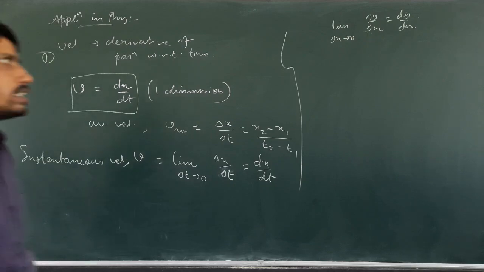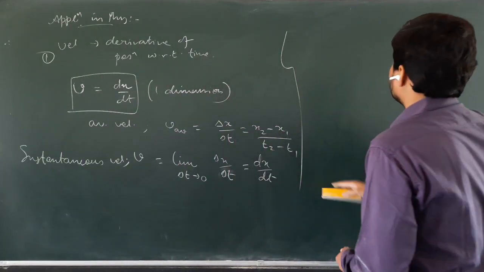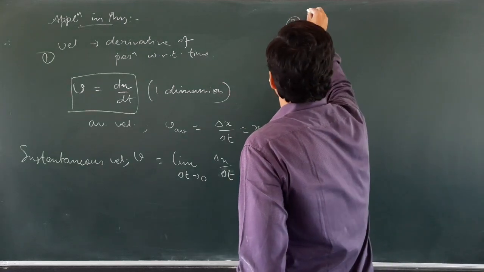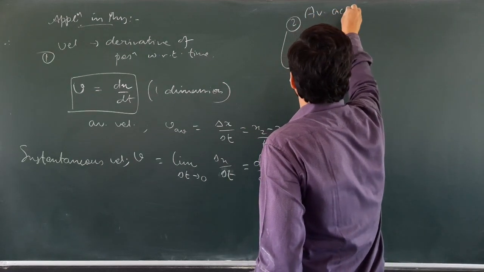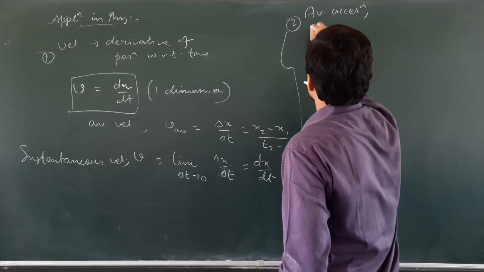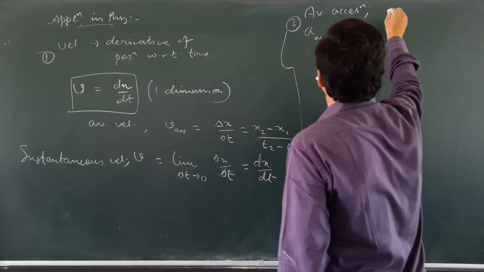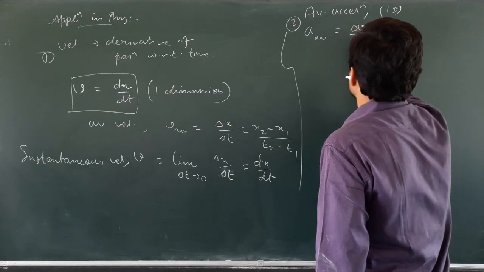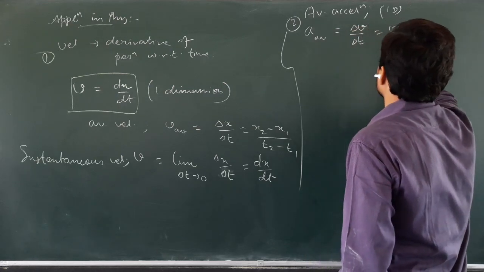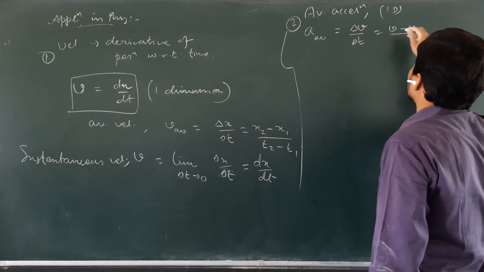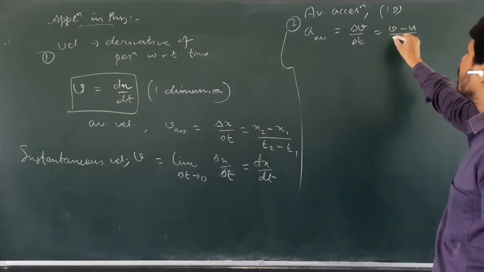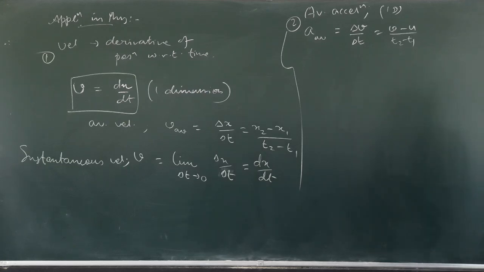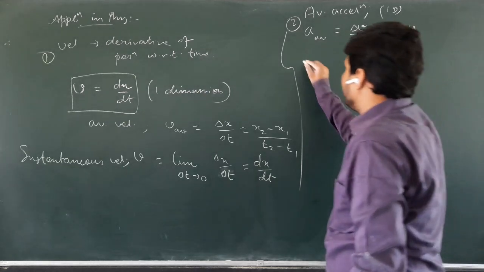Likewise, the average acceleration and instantaneous acceleration we can understand. So average acceleration, a average, in one dimension we are discussing right now, is defined as change in velocity by time interval. We write v minus u, final velocity minus initial velocity, by time interval. So this is average acceleration.